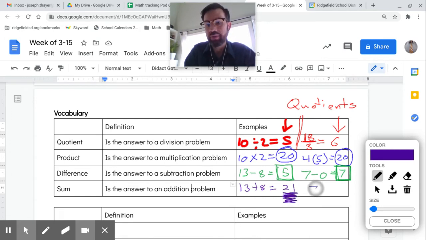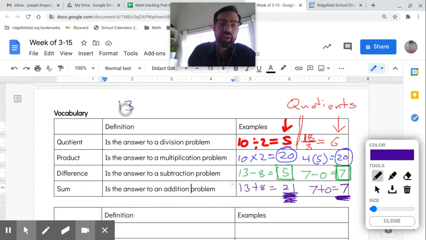Or 7 plus 0, 7 would be my sum. So if I said something like, write an expression that shows the sum of 13 and the product of 5 and a, the product of 5 and a is 5 times a, and the sum of 13 and the product of 5 and a is 13 plus 5 times a.